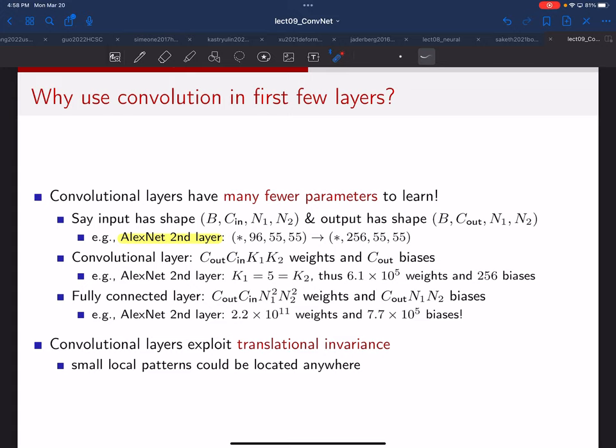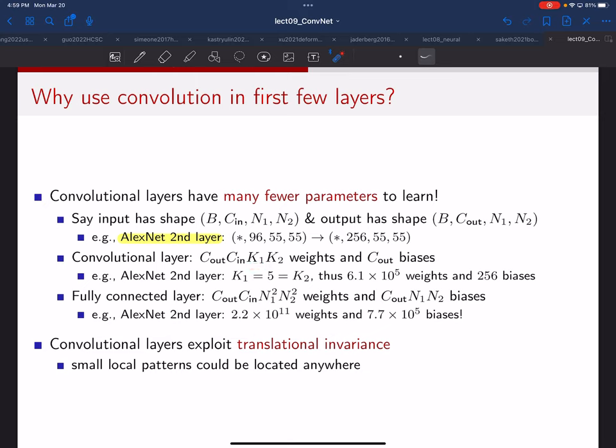Okay, so let's think about a convolutional layer. How many weights and how many biases do we need? Remember that in a convolutional layer, there's a single kernel for each pair of one of these 96 channels and one of these 256 channels, and that kernel is going to be k by k. So the total number of parameters would be 96 times 256 times k1 times k2.